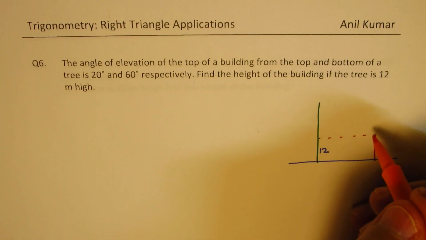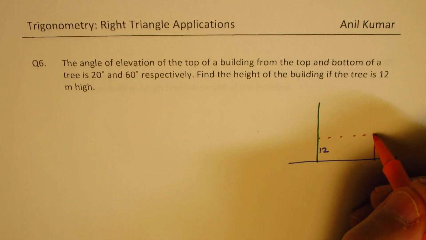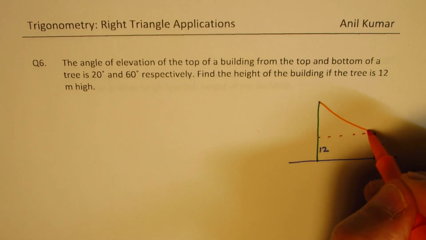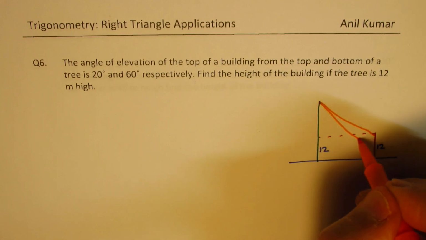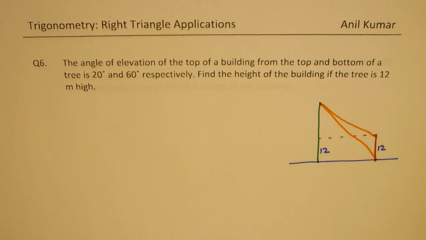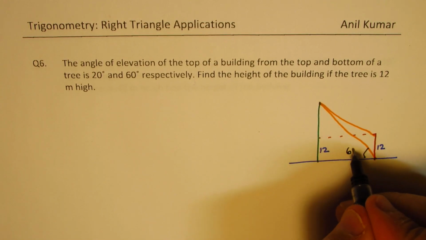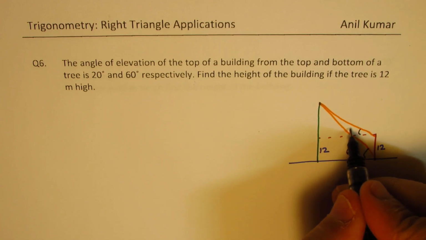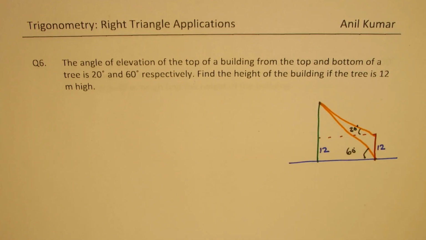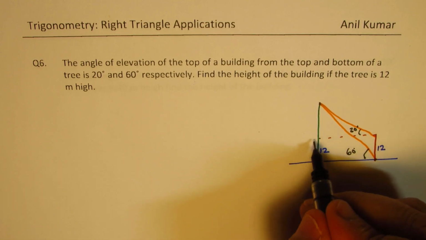The angle of elevation from the top and from the bottom is also given to us, right? So this angle here from the bottom is 60 degrees and there we have 20 degrees. We need to find the height of the building. So it is in two parts.